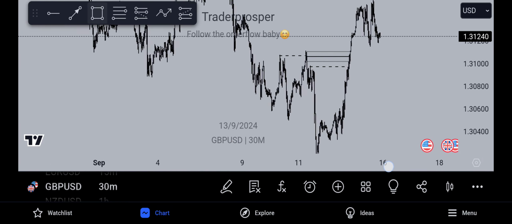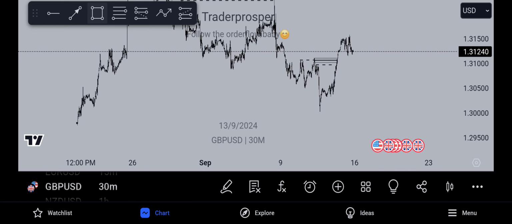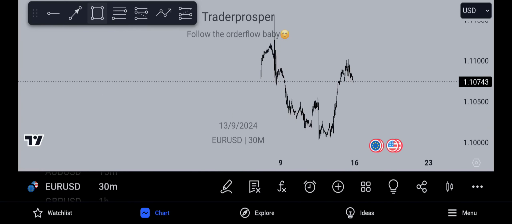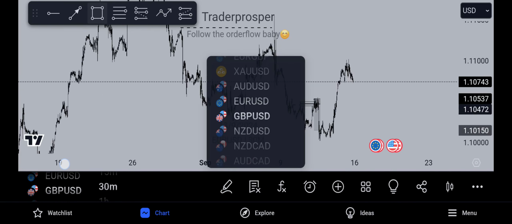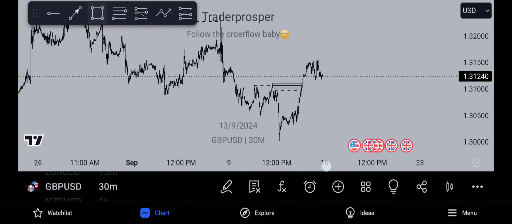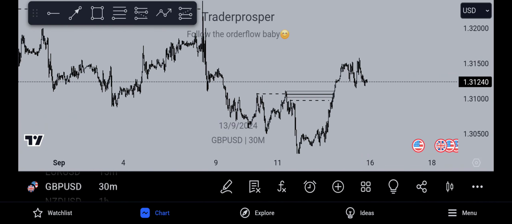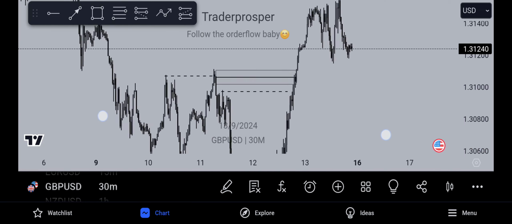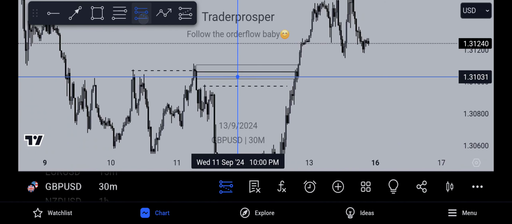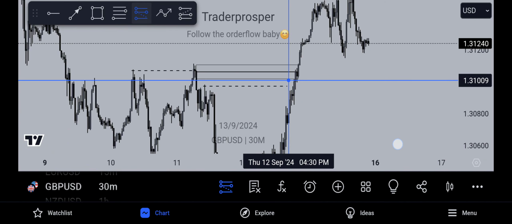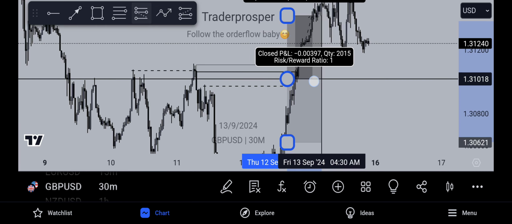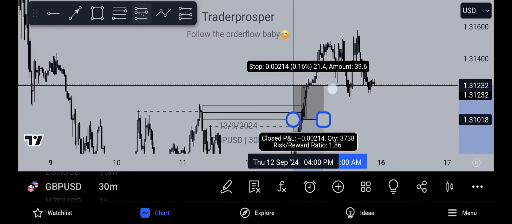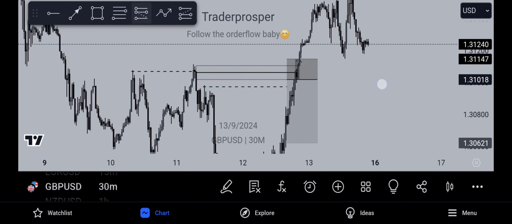But then when I saw that Euro USD had already taken out its highs, I was like, GBP is likely going to do the same thing since AUD and all those have. But I did not delete this order, and then I just opened my MetaTrader 5 and I saw a loss. I later deleted this one.